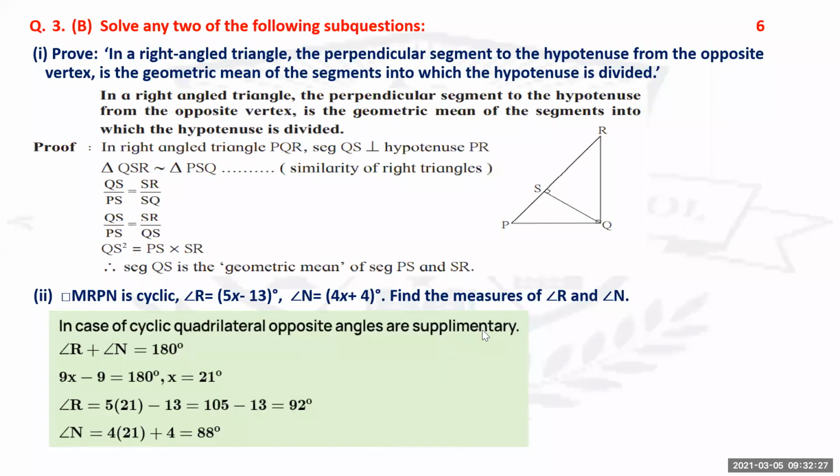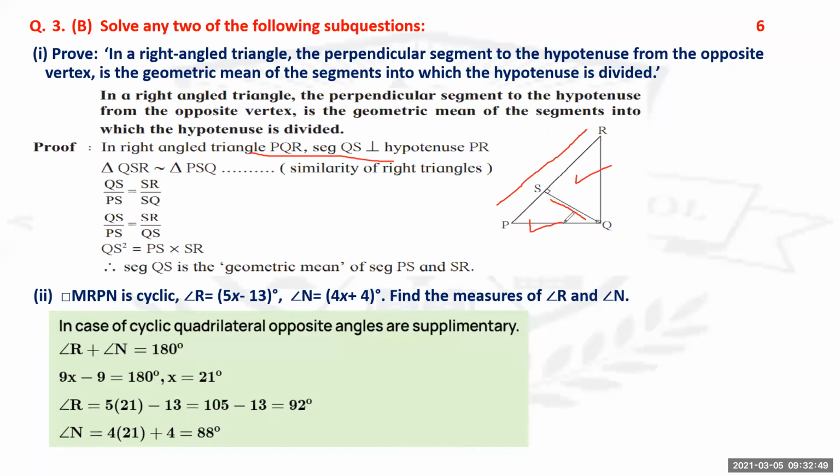In a right angle triangle PQR, segment QS is perpendicular to hypotenuse PR. So triangle QSR is similar to triangle PSQ.